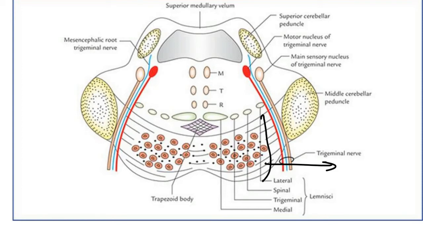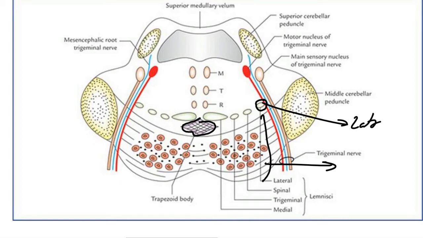Guys, the first change that you can see here is that this trapezoid body has become small, and one more lemniscus, called the lateral lemniscus, is formed. As we go up, this trapezoid body that contains the decussating fibers of the cochlear nuclei will get small, and these fibers will get condensed to form the lateral lemniscus.